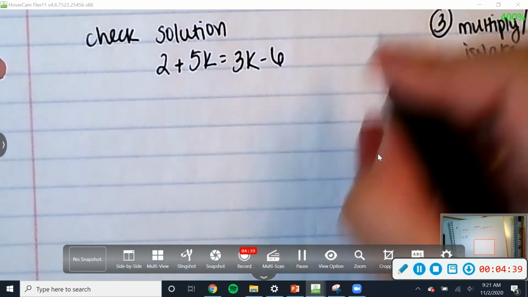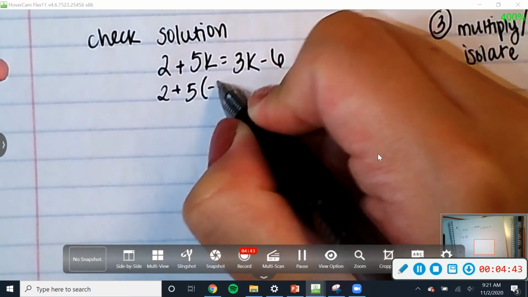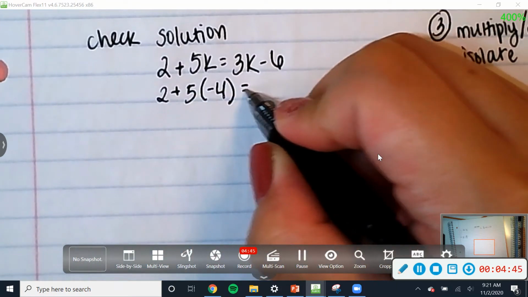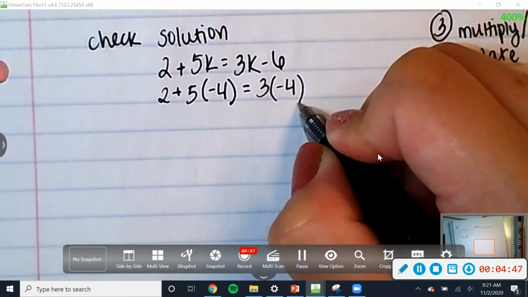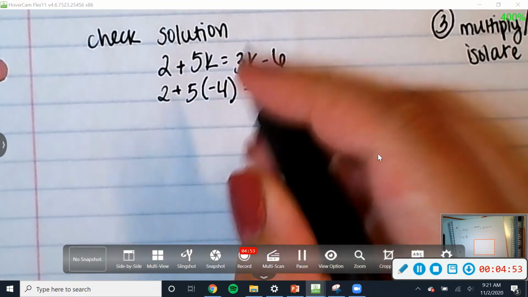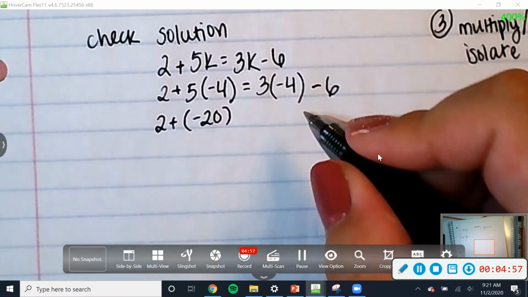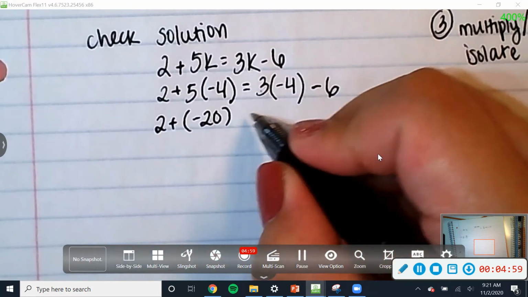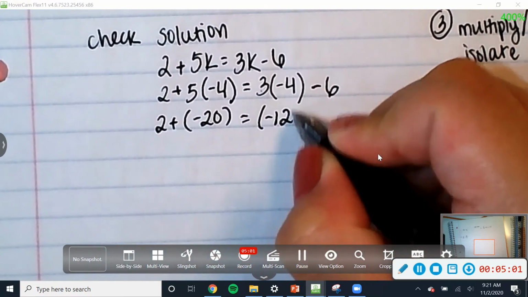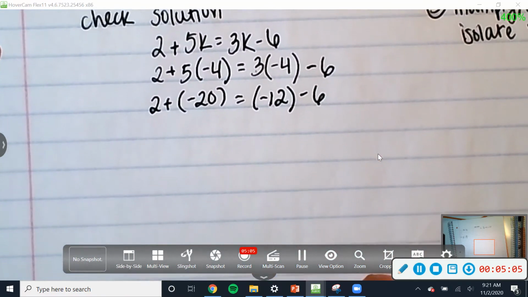So I'm going to plug in that negative 4 that I got for my variable. So plug in negative 4 for k, and plug in negative 4 again because it shows up again. And I'm just going to solve with my order of operations. So multiply first. 5 times negative 4 is negative 20. And 3 times negative 4 is negative 12. I keep these in parentheses so that I don't get my negatives mixed up.